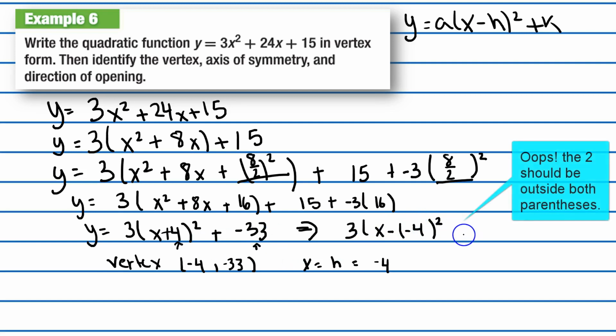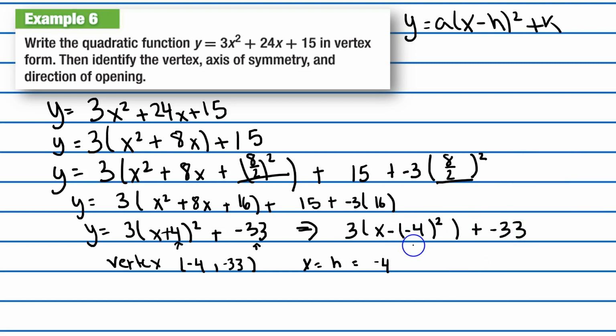That's our squared, plus negative 33. So now you can see the negative 4. And a is positive, so we know because of 3, so our graph is going to open up. And that's it.